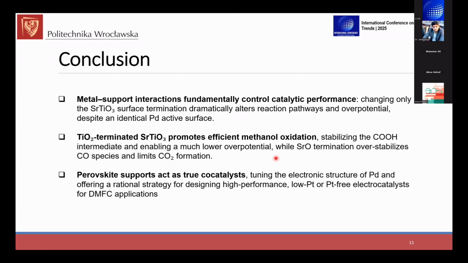So as a conclusion, this brief study demonstrates how the performance of the methanol oxidation reaction catalyst is strongly directed by the metal-support interaction, even when the active metal surface remains structurally identical. By comparing the palladium overlayer supported on different terminations of the SrO system and TiO2 system, it is shown that the support-induced electronic and geometric effects have a strong influence on the stabilization, the reaction pathway, and the overall potential.